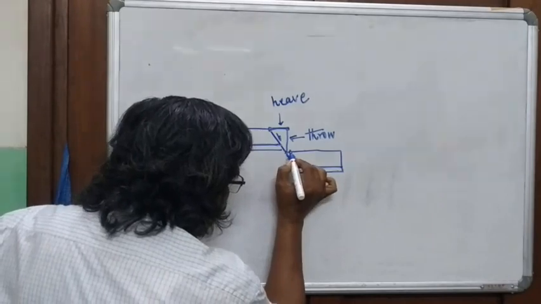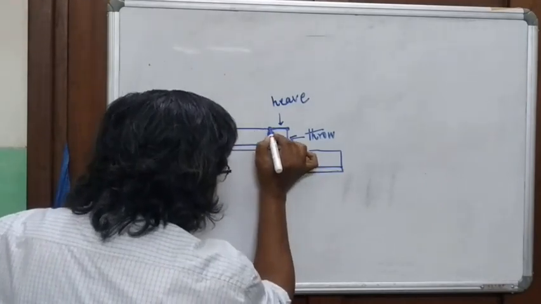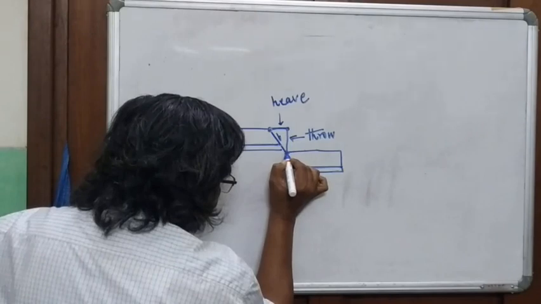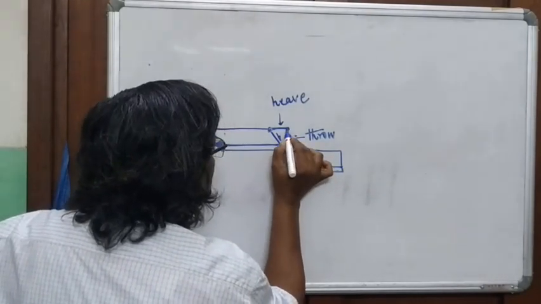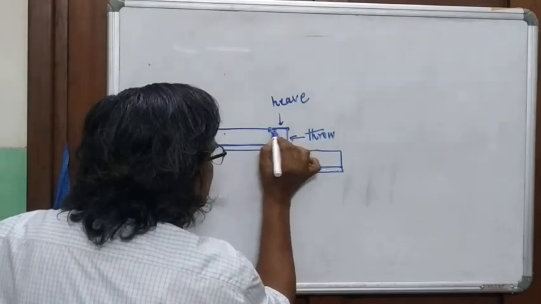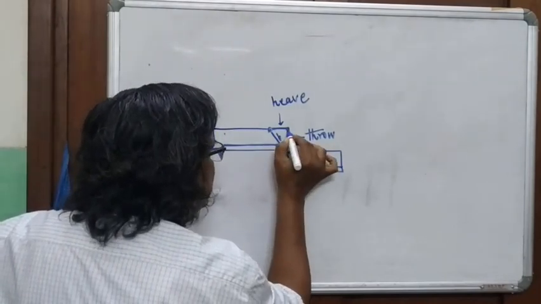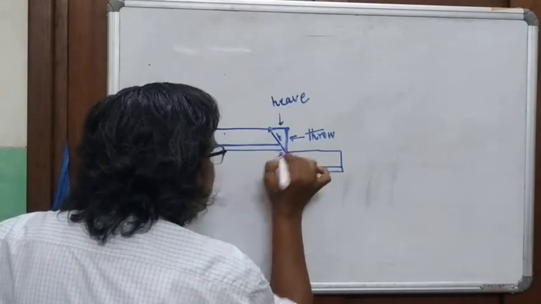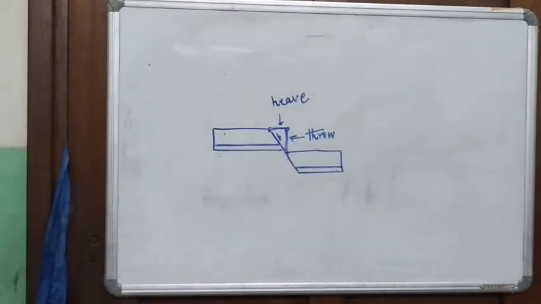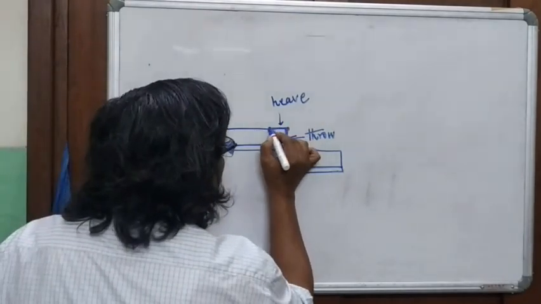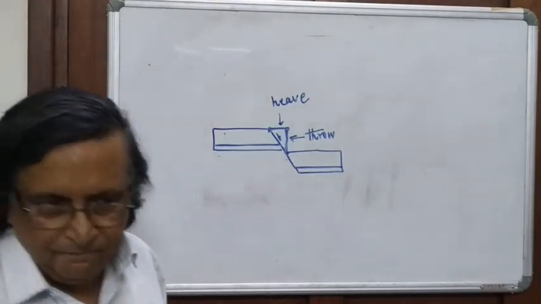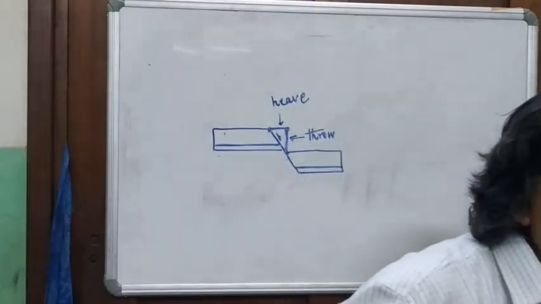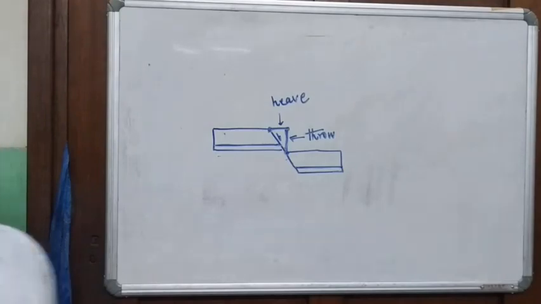Say this point and this point were the same before, so this point has moved here. If you put a vertical line and let it meet the horizontal at this plane, this vertical measurement is called the throw of the fault. And this horizontal displacement is called heave. So you have heave and throw of a fault line.